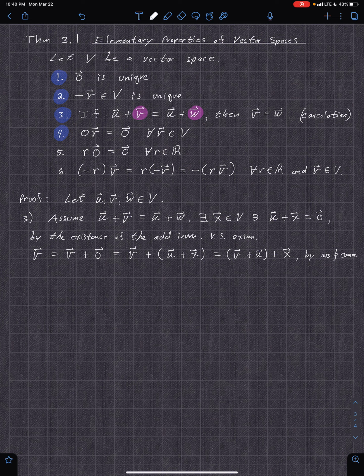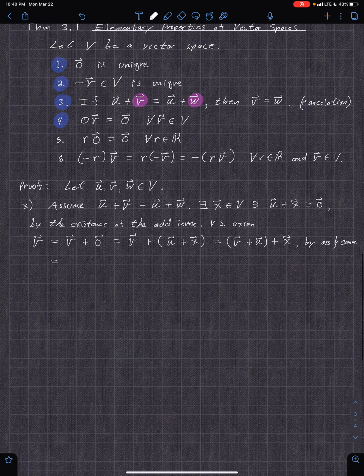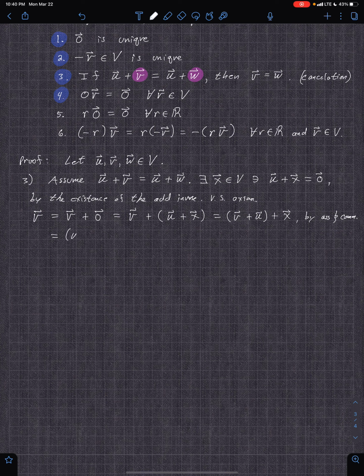Then, keep going, that equals U plus V, then plus X. So that's associative and commutative right there. All I did is associate, and now I'm commuting.